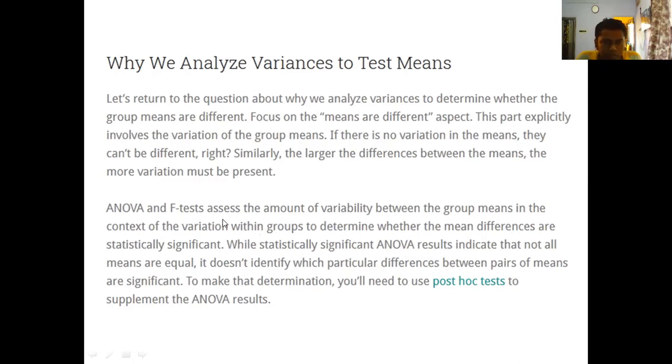And the F test and ANOVA were first introduced by a famous British statistician, Ronald Fisher. He was one of the pioneers in the area of statistics.